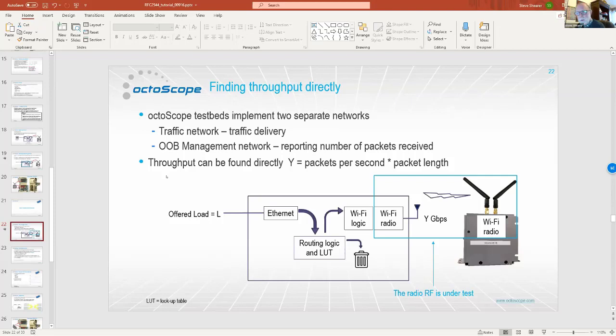We have a traffic network for traffic delivery, and an out-of-band management network that we use to control the devices and pull statistics from them. In the case of throughput, we use that to measure the throughput directly. Essentially, we count the packets per second, multiplied by the packet length, and get a measure of throughput directly, or as some people term it, goodput.